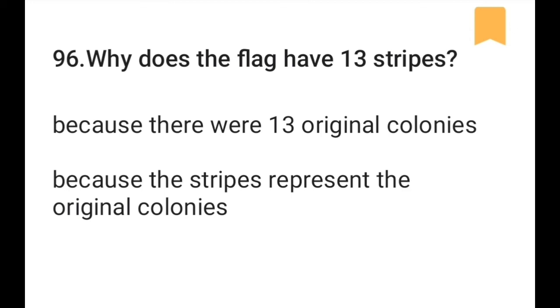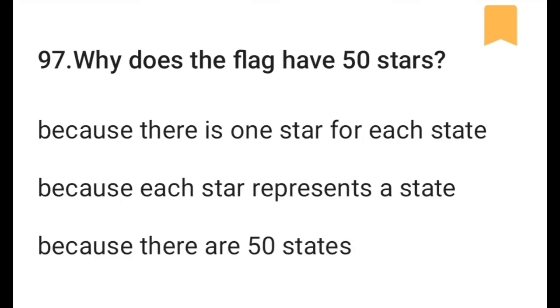Why does the flag have 13 stripes? Because there were 13 original colonies. Because the stripes represent the original colonies. Why does the flag have 50 stars?